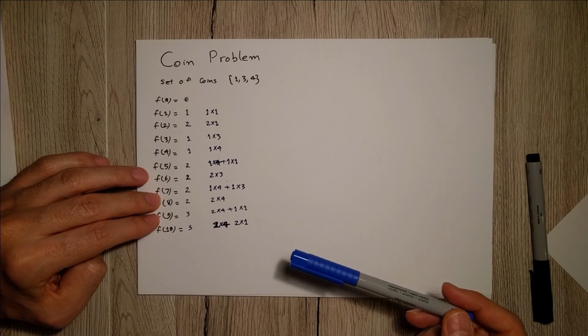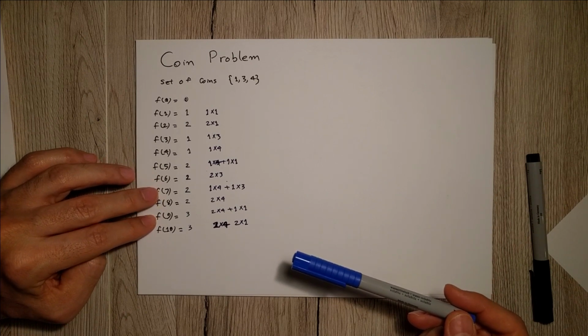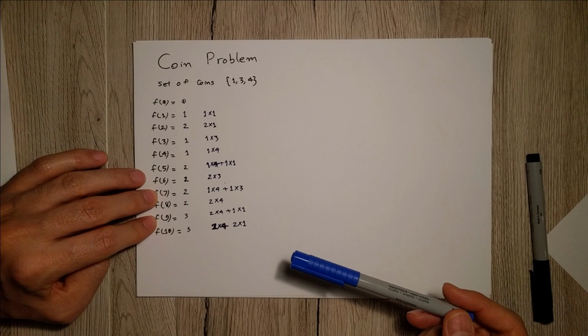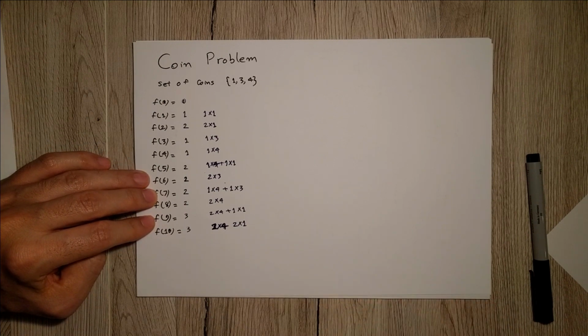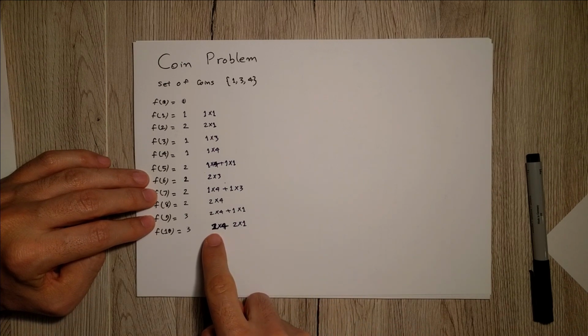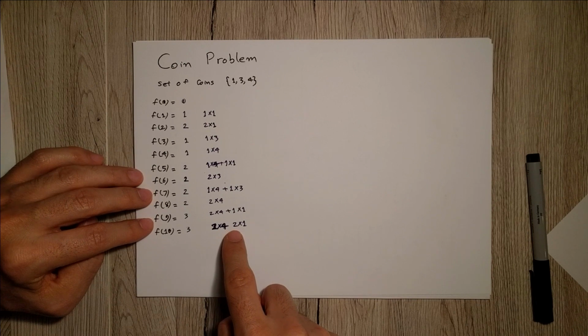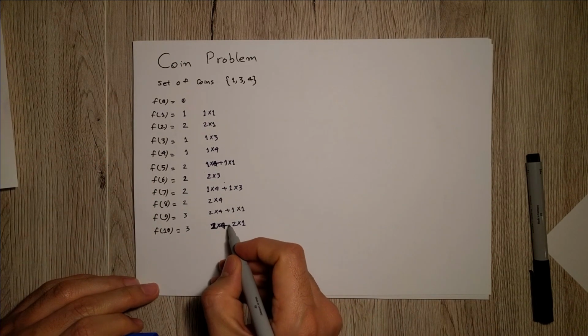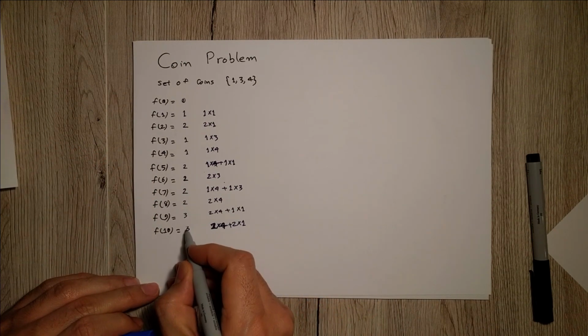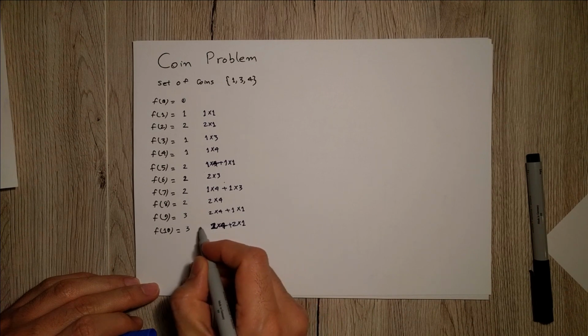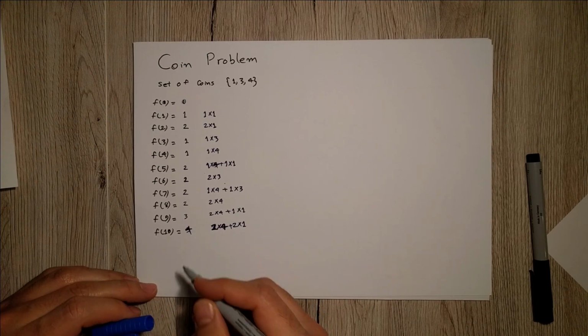So I have to find the minimum of 9, 7, and 6, and just add 1 coin to that. Okay, and you can see here I get the minimum number from 2 times 4 plus 2 times 1. Sorry, I need 4 coins here.